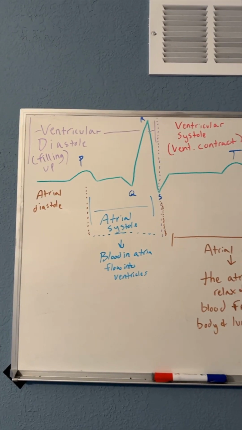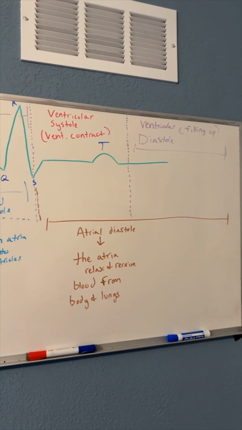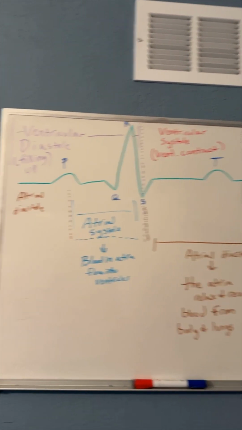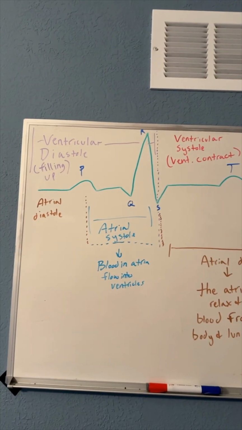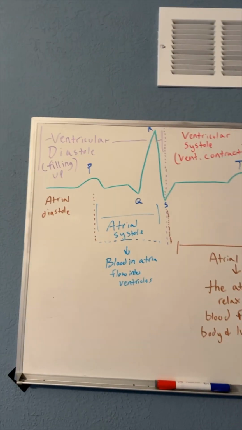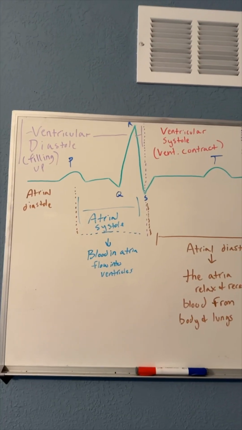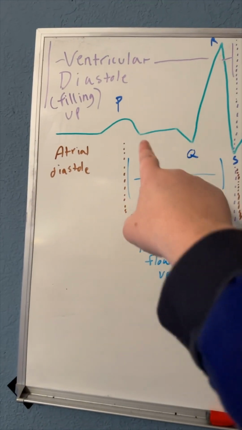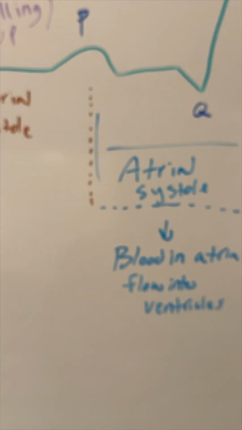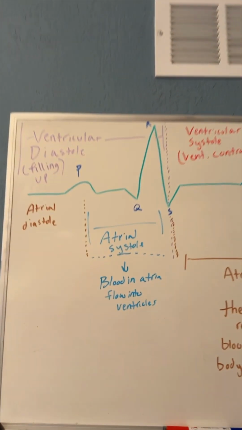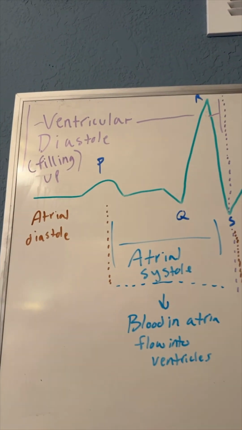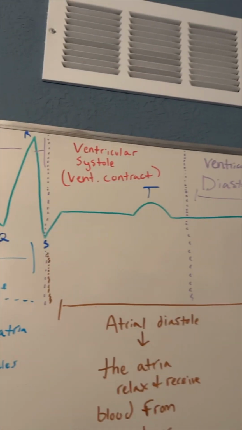It's just good to know generally what's happening at each point along the way, because we're going to see some very different things in a moment. For example, with AFib, we're not going to have the P wave. So that's fun. But generally speaking, you can see the two-pump system here.